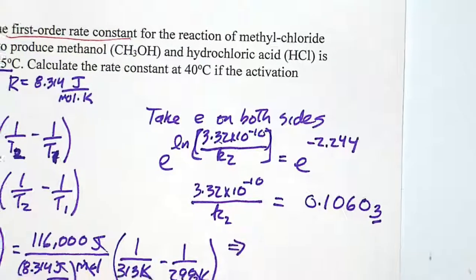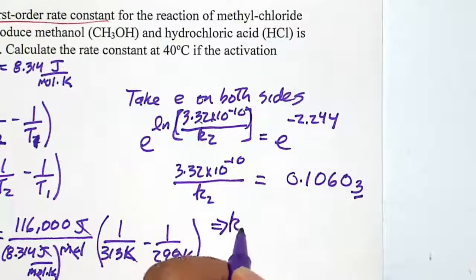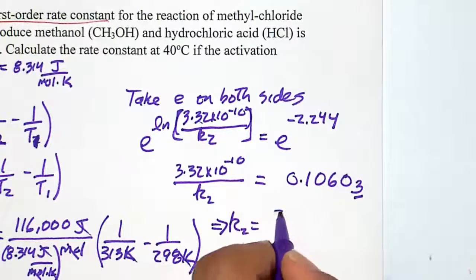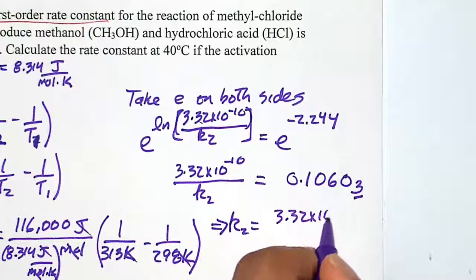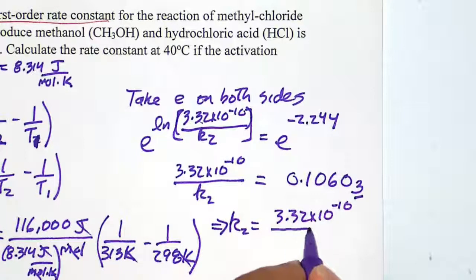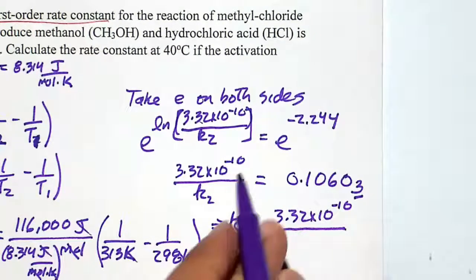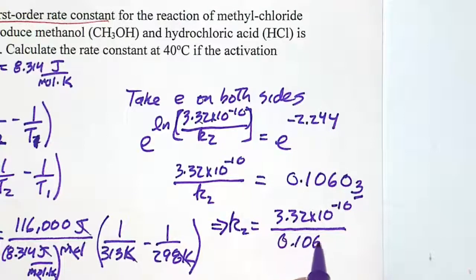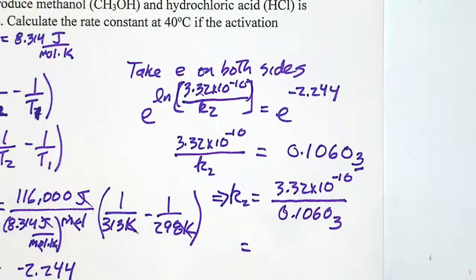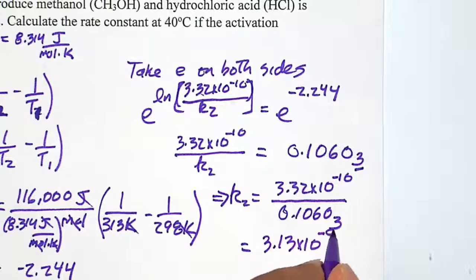So let's solve for K2 here. K2 is going to equal 3.32 times 10 to the minus 10 divided by 0.10603, and when I do that, I get a value of 3.13 times 10 to the minus 9.